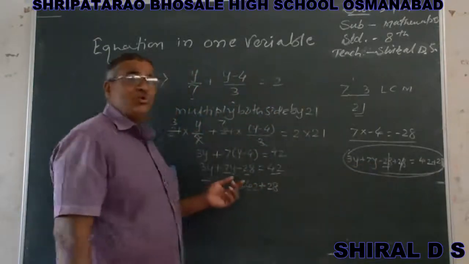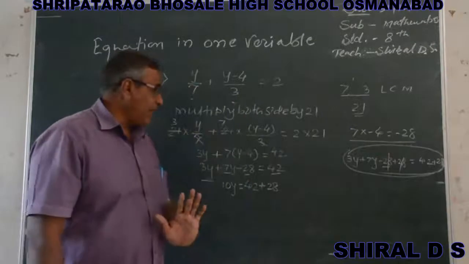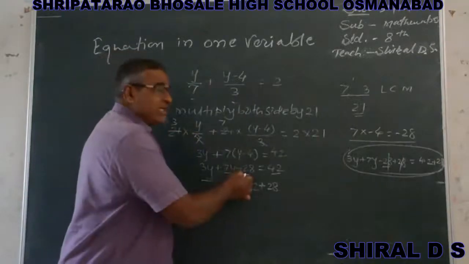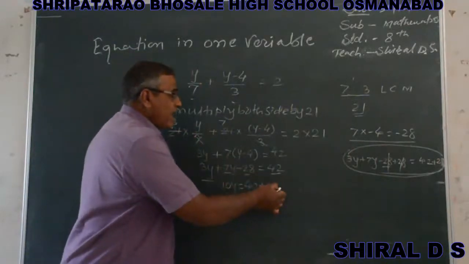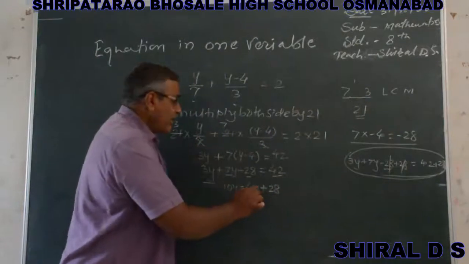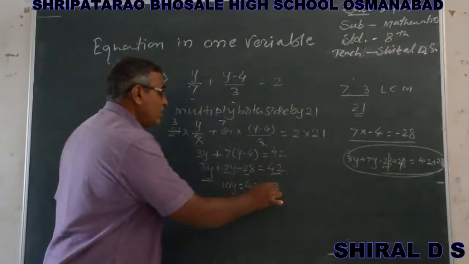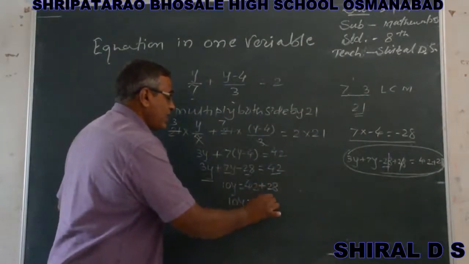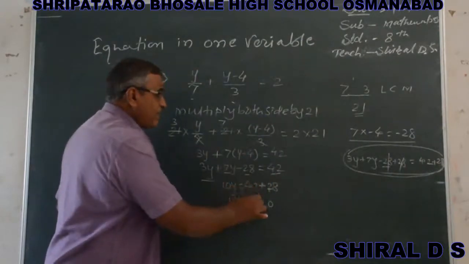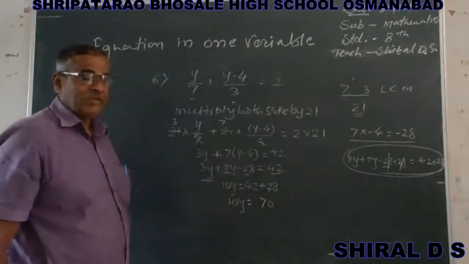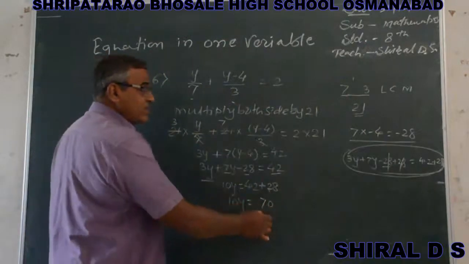We use the direct method. Direct method means minus 28 goes to this side as plus 28. Therefore 10y is equal to 42 plus 28, which is 70. Therefore 10y is equal to 70.